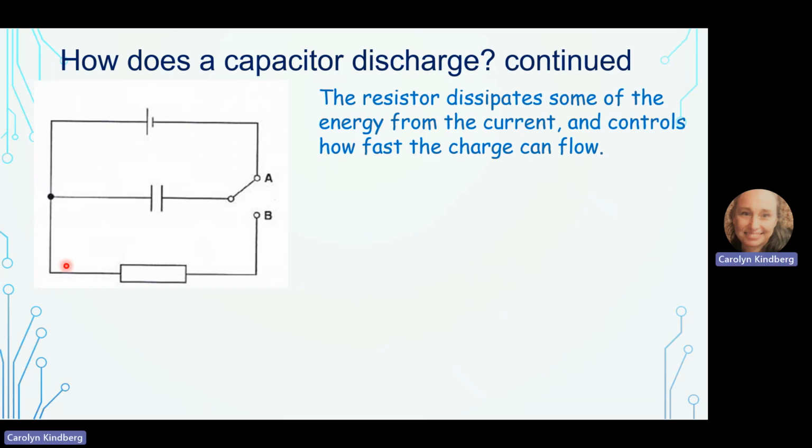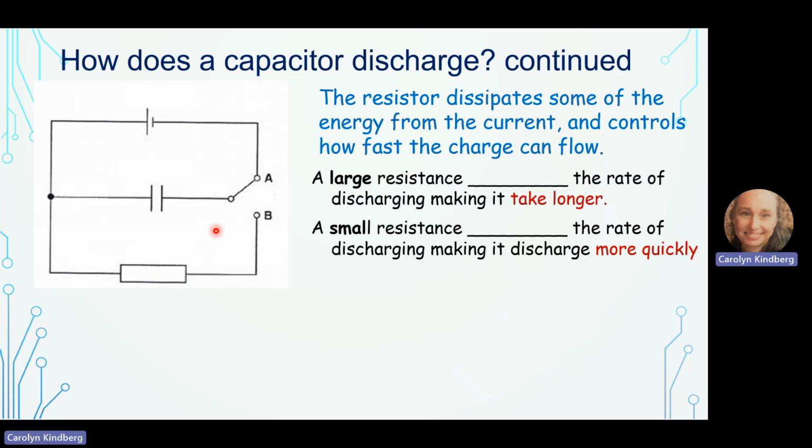In the discharging circuit, the lower circuit here, when the switch is closed to B, some of the energy from the current is dissipated in the resistor, and the resistance controls the flow of charge, so it can control the current. Depending on what kind of resistor we have, if we have a very large resistor, how do you think that will affect the rate of discharging?